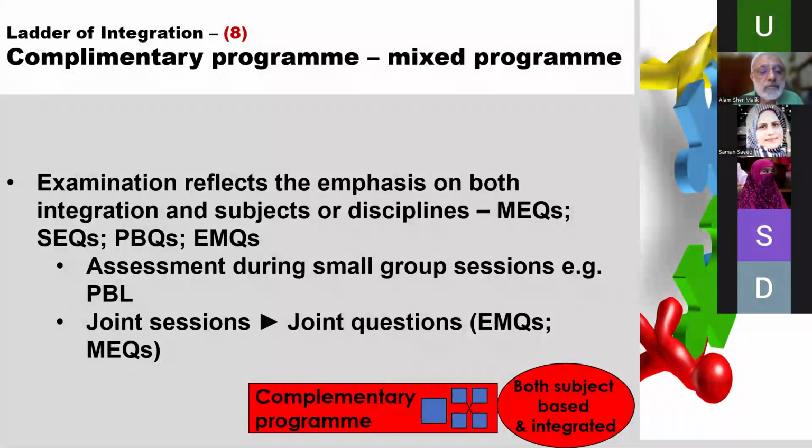And then we would have assessment during small group sessions, which can be tested by extended matching questions or MEQs. So the point is that the assessment needs to follow the level.